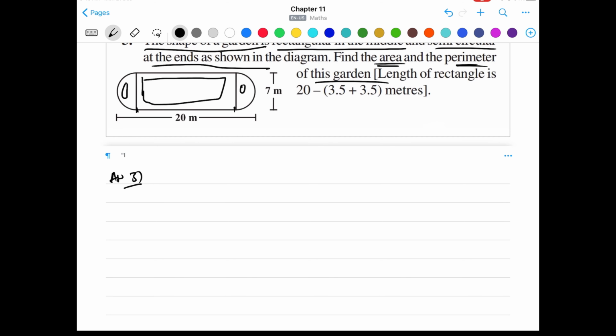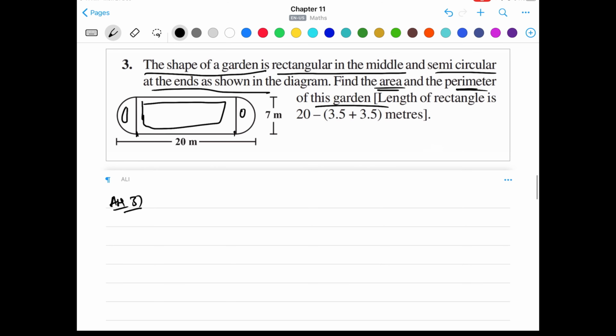Okay, since this length is 7 meter, which is the diameter for the semicircle, we can easily calculate its radius. So we'll write here, the diameter of semicircle is equal to 7 meter.